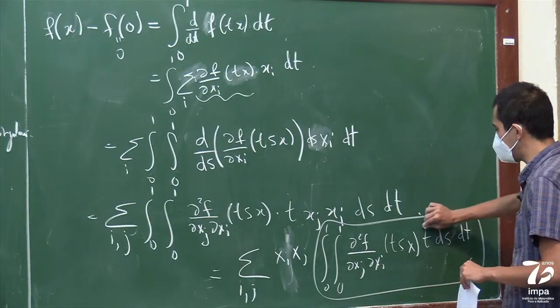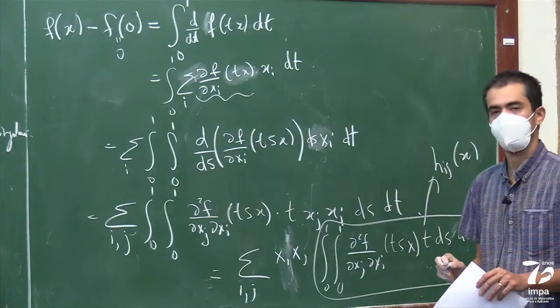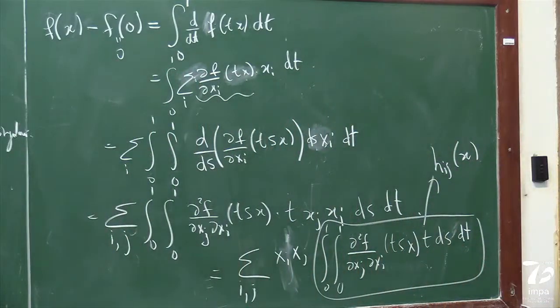So now this guy here is my function hij of x. All right.